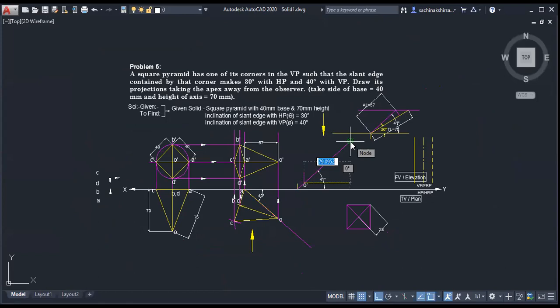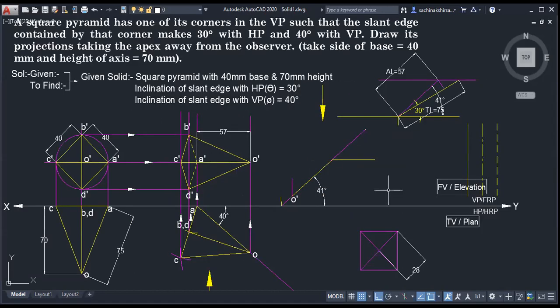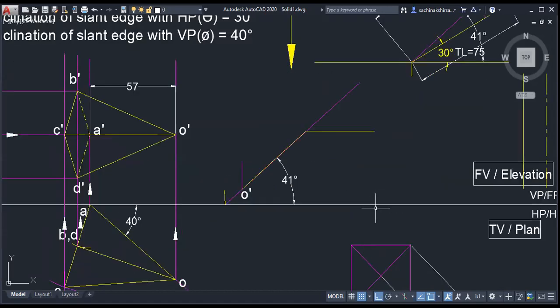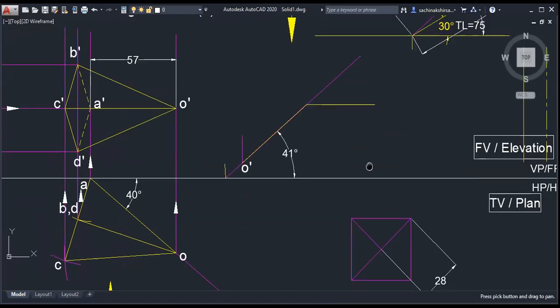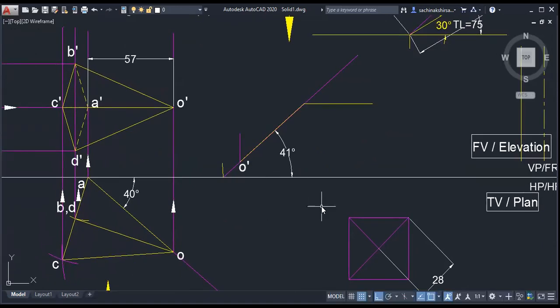So there will be a point. I will zoom in later so that you will come to know what I am doing. So which will be the point here? A dash. It will be A dash.